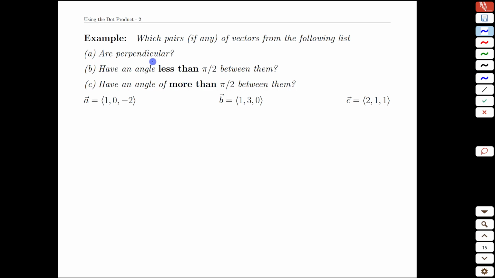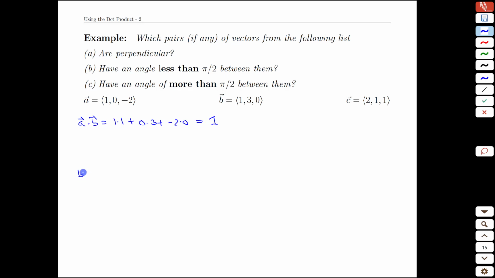Now we know already that if we have non-zero vectors, and all of these are non-zero, and we take the dot product, if we get a 0 dot product, then the vectors are perpendicular. So let's do a quick calculation of these dot products. A dotted with B is going to be 1 times 1 plus 0 times 3 plus negative 2 times 0, and that is going to equal 1.